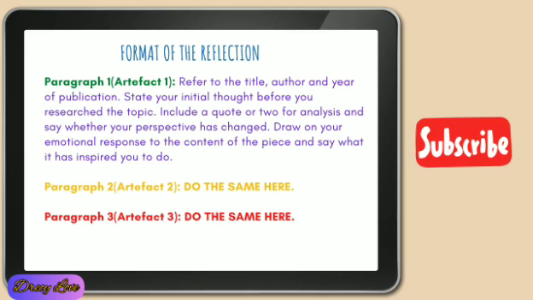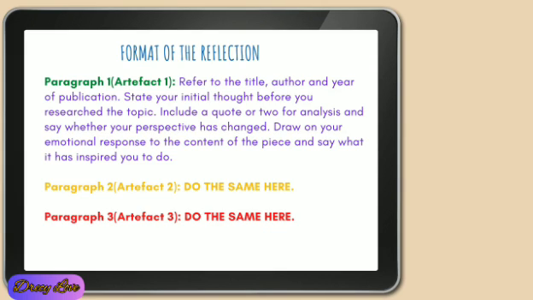Now, here is a format that you can use to write your reflection and to ensure that you have covered all 3 pieces. In paragraph 1, you will talk about your first artifact. So it could be a case where you used a newspaper article. So you would refer to the title, the author, and year of publication.